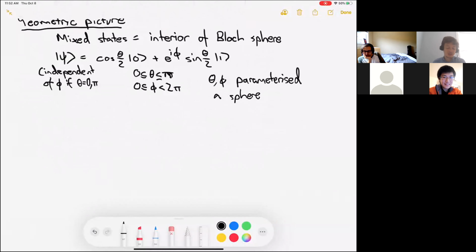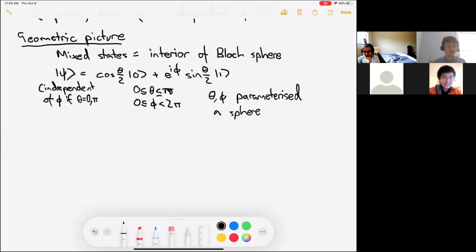Okay, now we're just going to add in one more thing, which is we have this probability P, which is between a half and 1, a half times 1 plus R, where R is between 0 and 1.